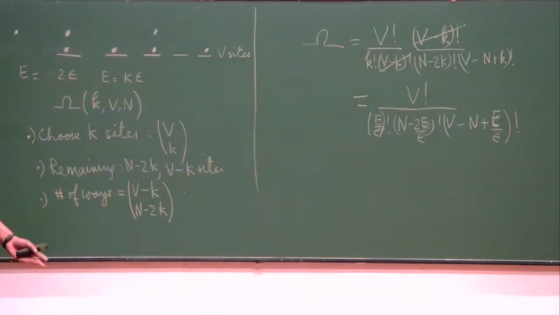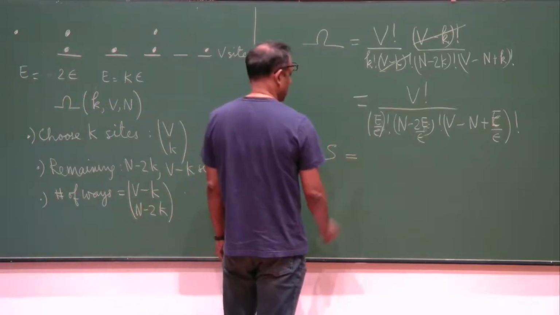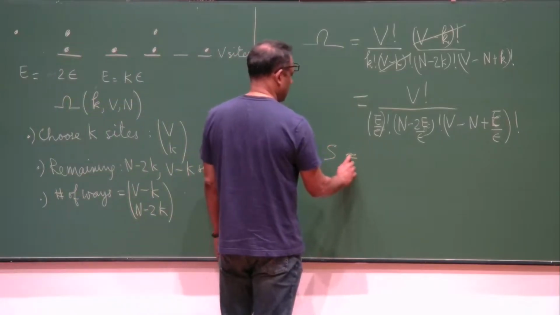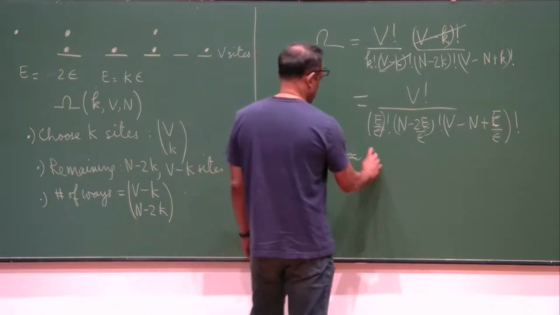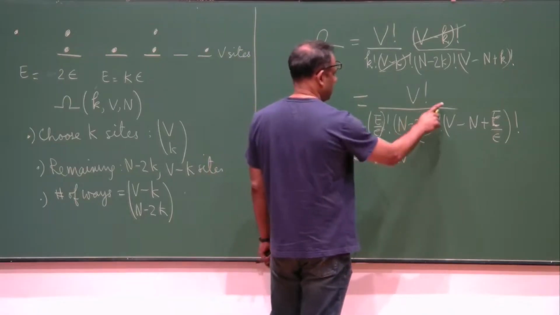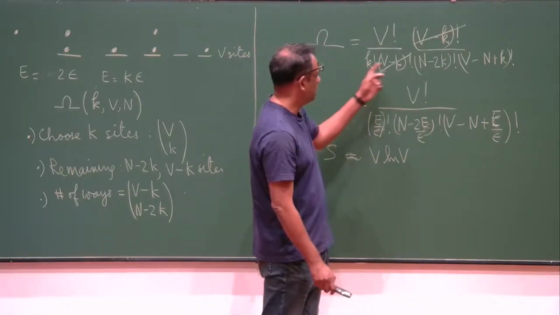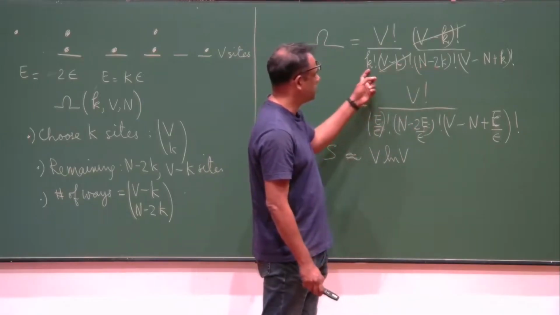Now we are back to what we want to do. We just take log omega. So S becomes log omega, which is roughly, I'm putting k equal to 1, V log V. All the minus V's will cancel because these all add up. N minus 2k minus k is N minus k.